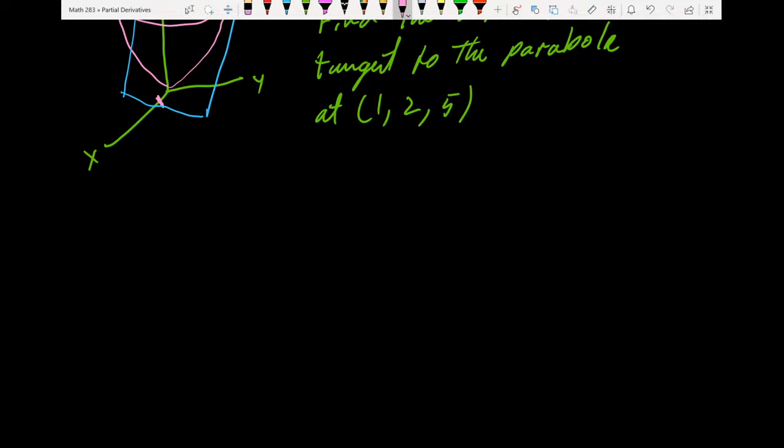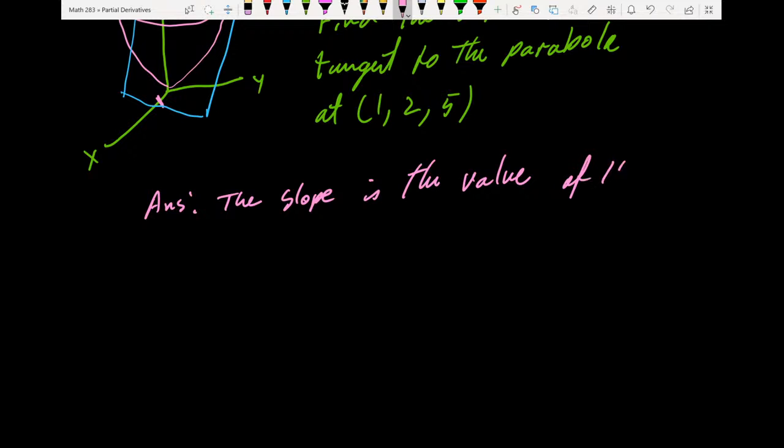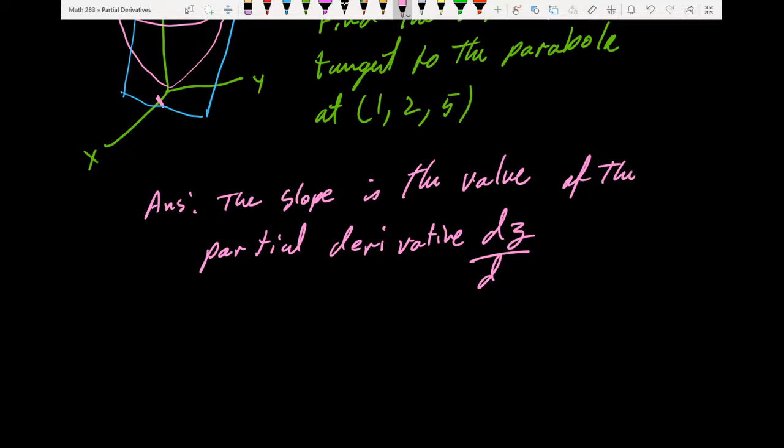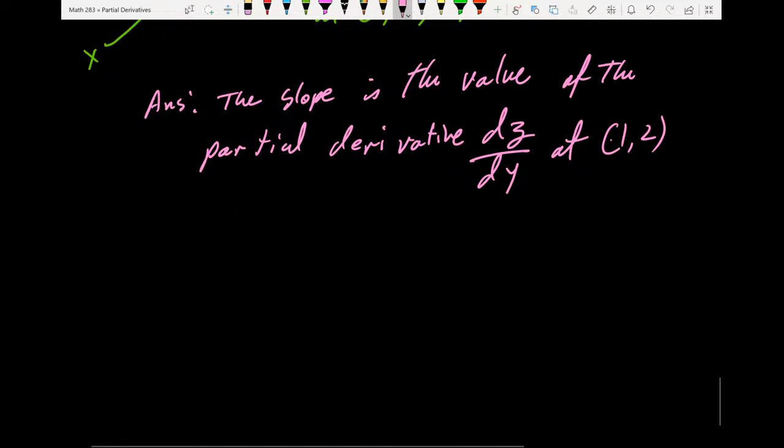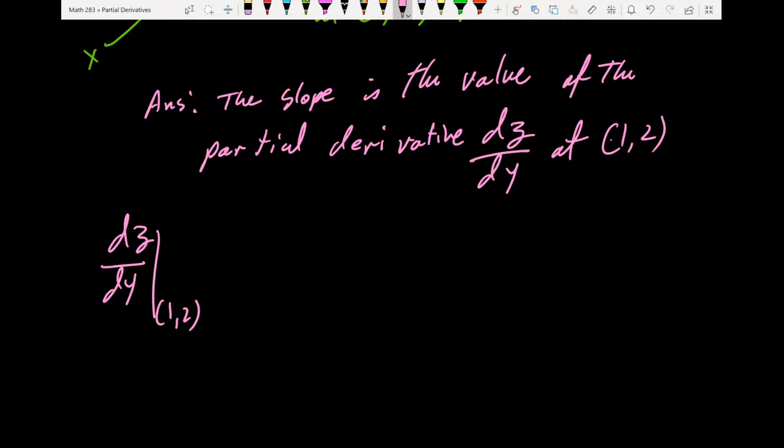All right, so let's look at an answer. The slope is the value of the partial derivative dz/dy at 1, 2. What would that equal?